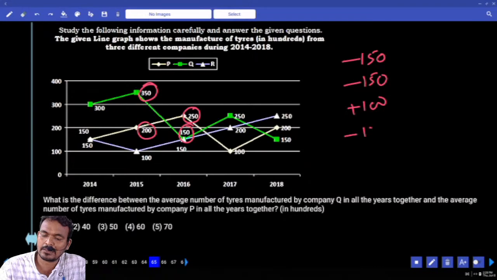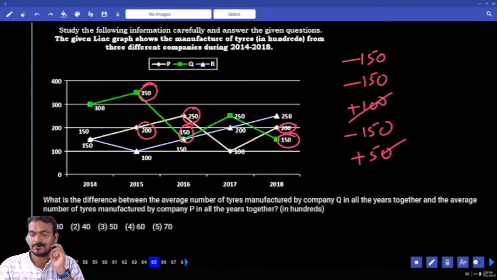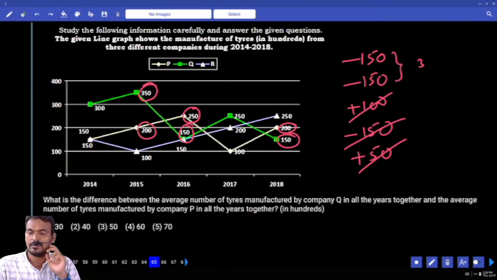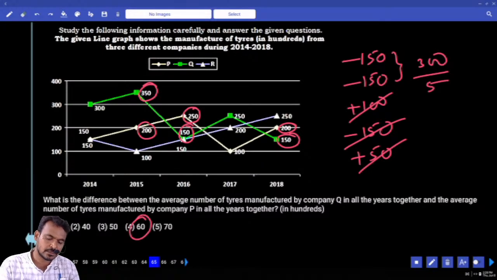Then we write minus 150. 2018, what is the P value? 200. Q value 150. Then we write plus 50 or minus 50? Plus 50. Plus 100, plus 50, minus 150 cancel. What is the remaining? 300. Means the sum of differences is 300. Then average difference divided by 5. What is the answer? 60.